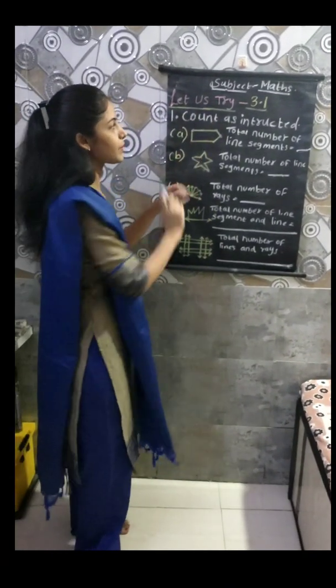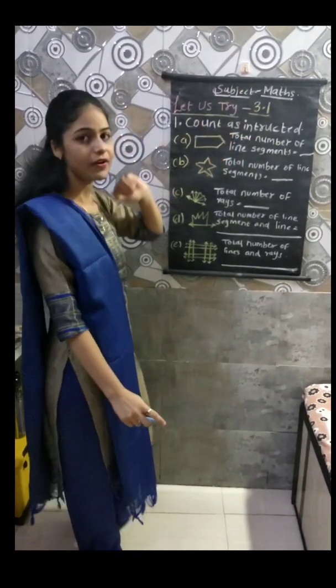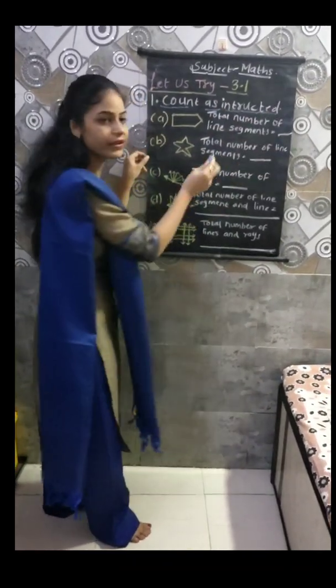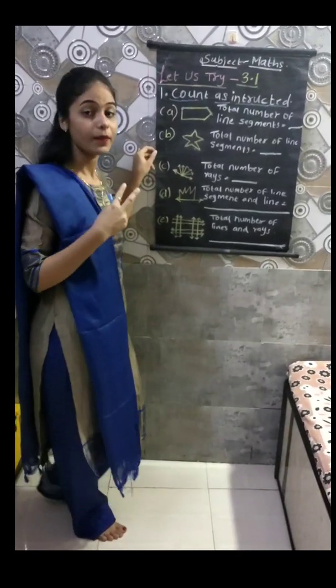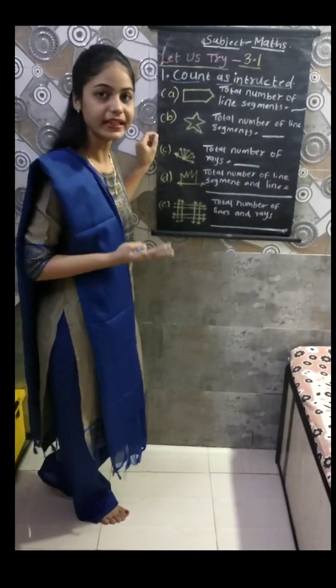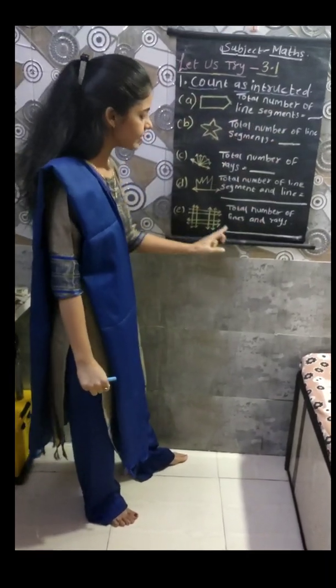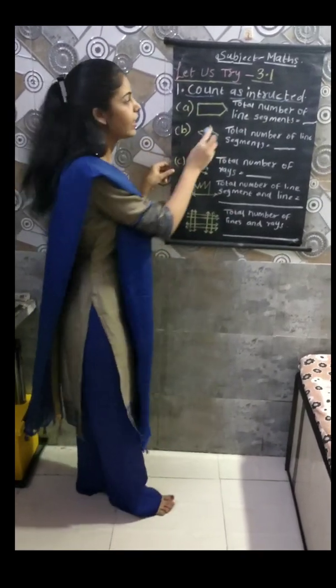Let us try your exercise 3.1. In that we have to count as instructed. We have to count how many lines, how many line segments and how many rays are given. So let's start with the first one.